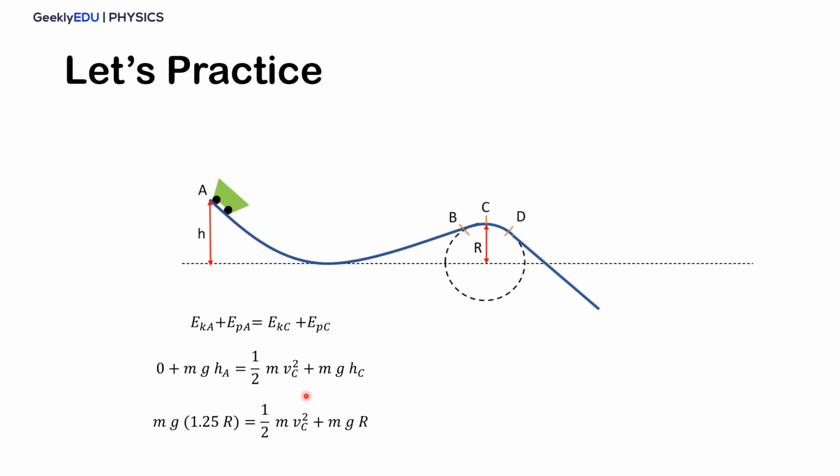We have this formula here. We can just isolate the velocity at C, and then we get that the velocity of the trolley at point C is the square root of 0.5 times the gravity times r.